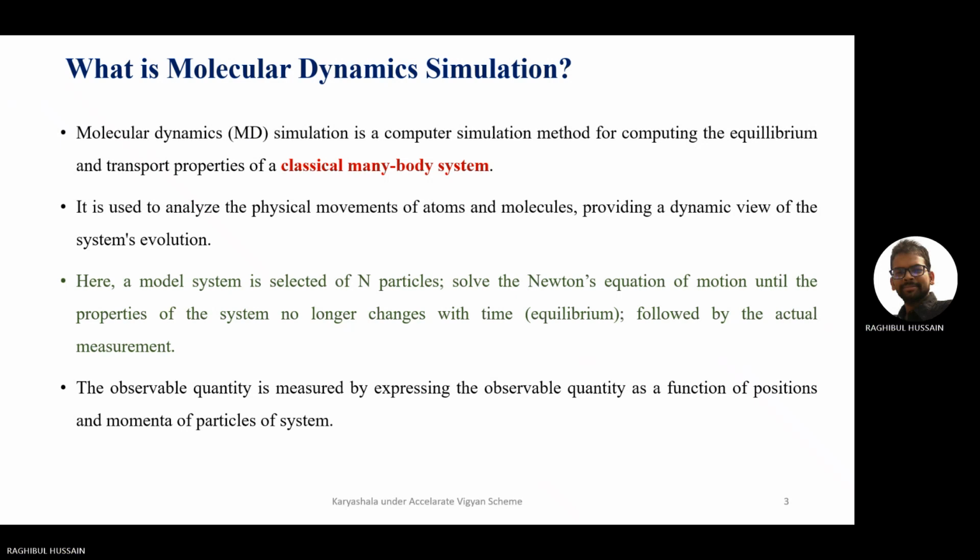In the earlier case, let's say in the 60s, 70s or 80s, the computational power was not that huge. So people used to assume some beads, I mean the molecules, they assume a connection of beads, and then they generate the potential and eventually calculate the molecular properties or the thermodynamic properties or the transport properties.